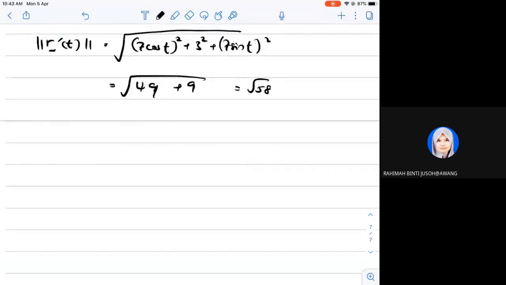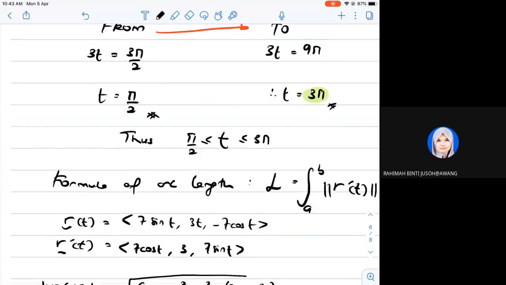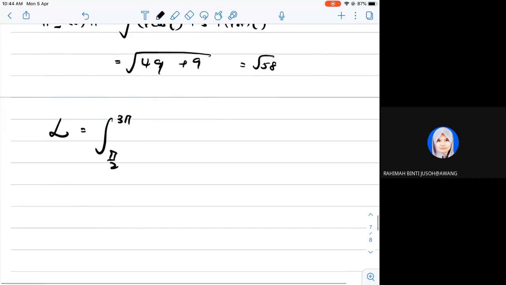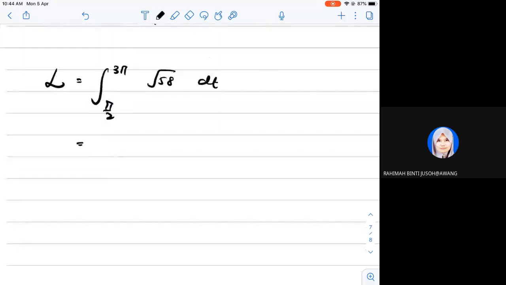Okay. Therefore the arc length equals integration from what was it? Pi over 2 until 3 pi, square root of 58 dt. Like that. So this is just a constant, guys. Square root 58 can be taken out. Integrate 1 with respect to t, we get t.